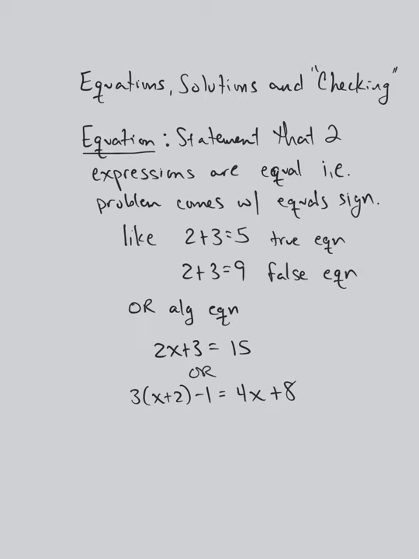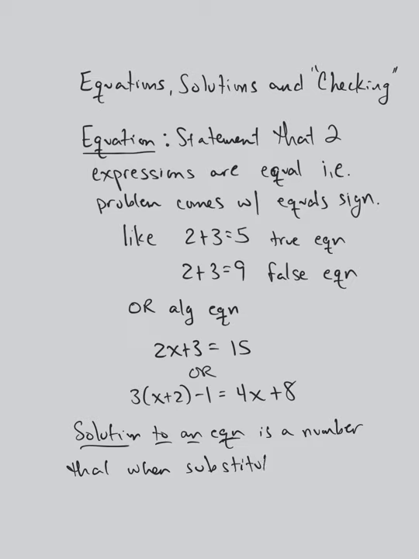Okay. So that leads into the idea about what we mean by a solution to an equation. Okay. And the solution to an equation, what that is, is a number, a specific number that when substituted into it, just like we did with our expressions. Okay, and so remember we were talking about evaluating.